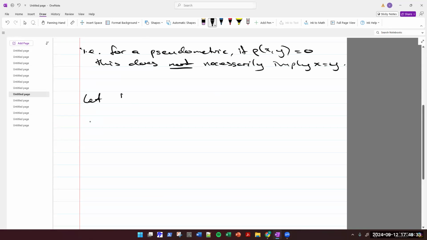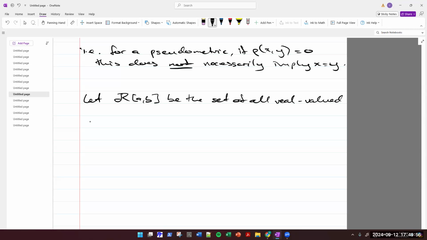So let fancy R[a,b] be the set of all real valued Riemann integrable functions. Real valued just means that these functions will give you a real number. And Riemann integrable means that you could integrate them using the Riemann integral.